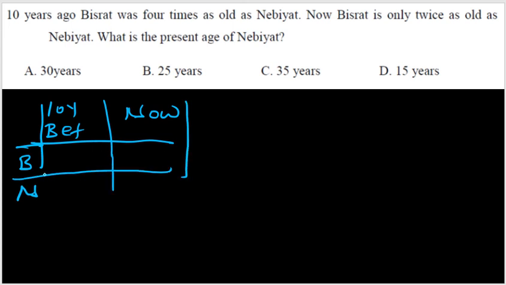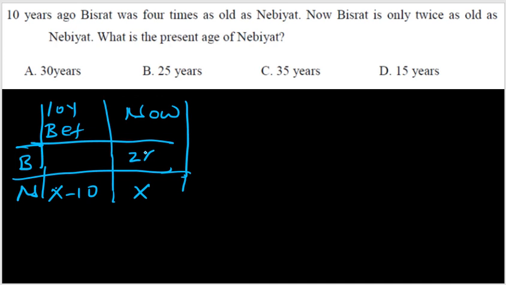But Busrat age now, if it is x, before 10 years will be x minus 10. But now it says Busrat age is only twice as old as Nabiat.